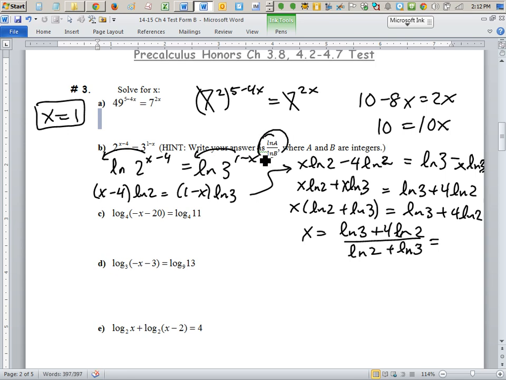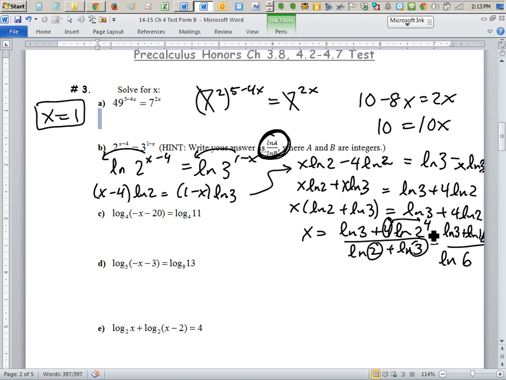But the instructions actually said to write it as a single ratio. So like 1 log on top, 1 log on the bottom. So we're going to write this as ln 3 plus ln 16 for the top, and the bottom as ln 6. I just multiplied the 2 and the 3. So where did I get 16? I moved this 4 up here.